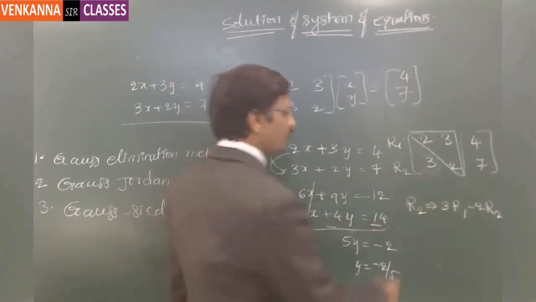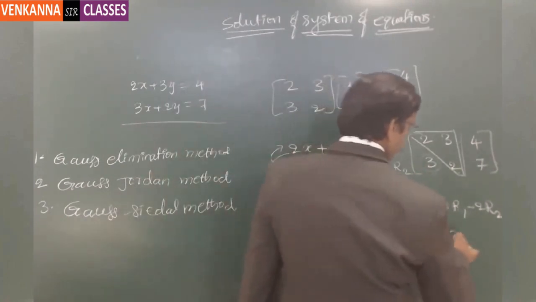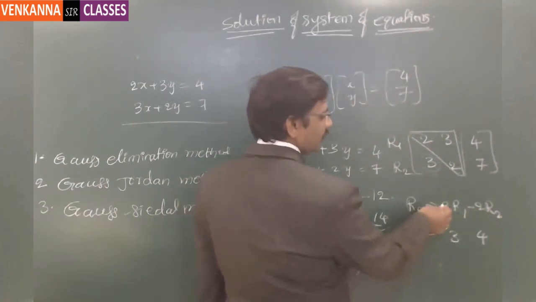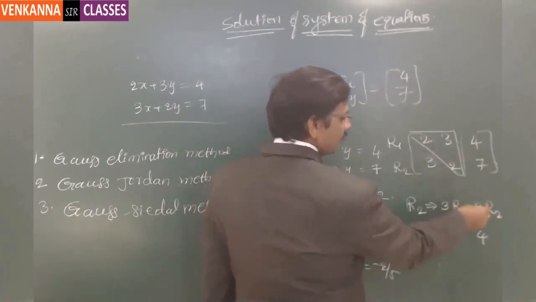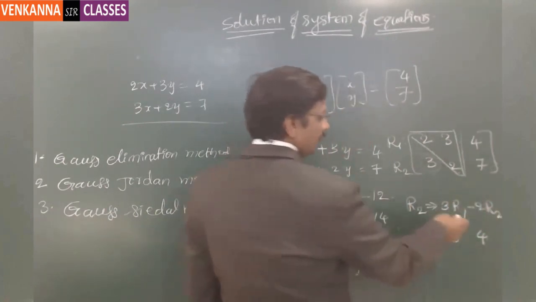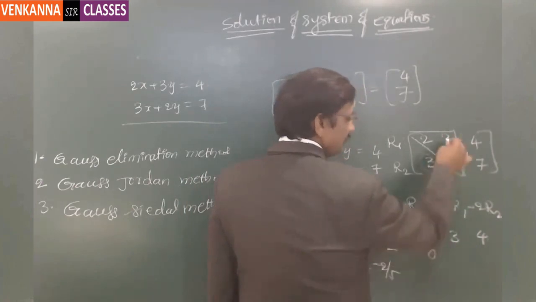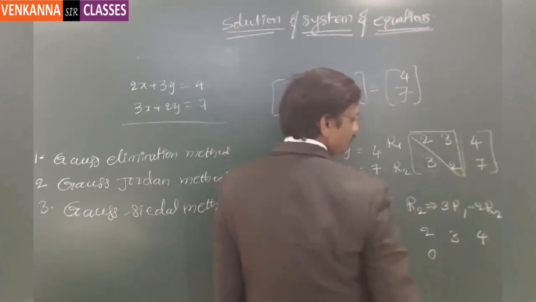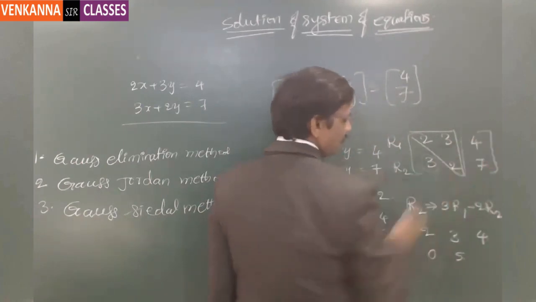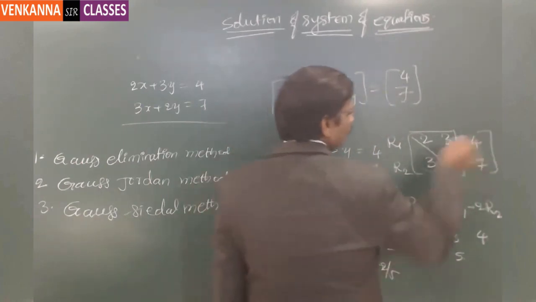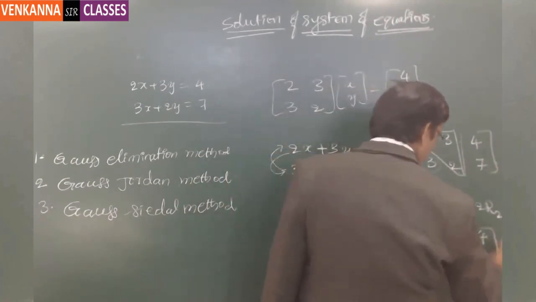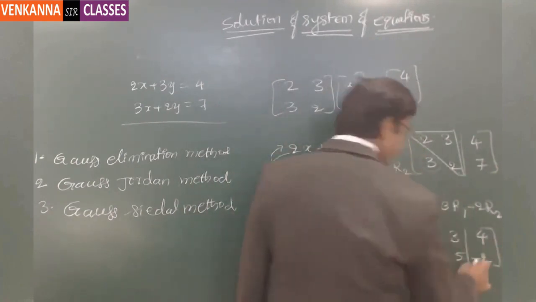So 2, 3, 4 I keep as it is. For the second row, 3 times R1 is 6 and 2 times R2 is 6, so this will be 0. Then 3 times 3 is 9 minus 2 times 2 is 4, which gives 5. Again here, 3 times 4 is 12 and 2 times 7 is 14, so this is minus 2. This is how I will form the matrix.